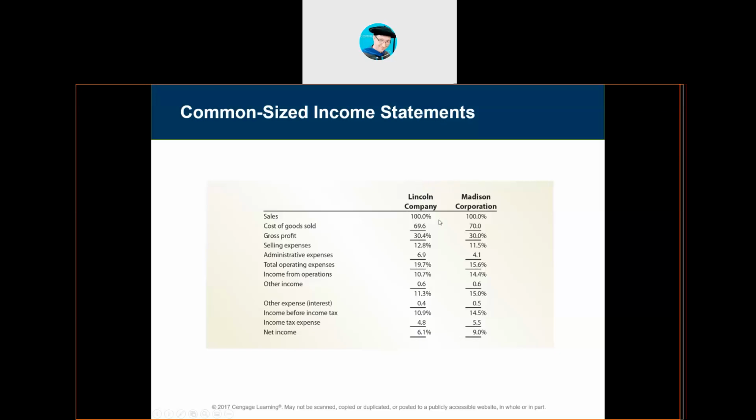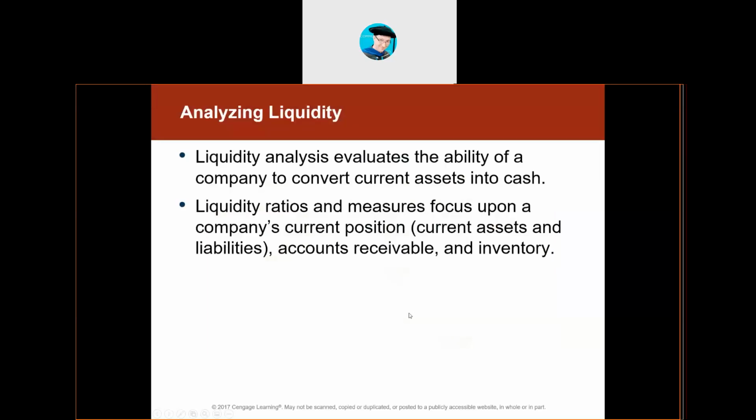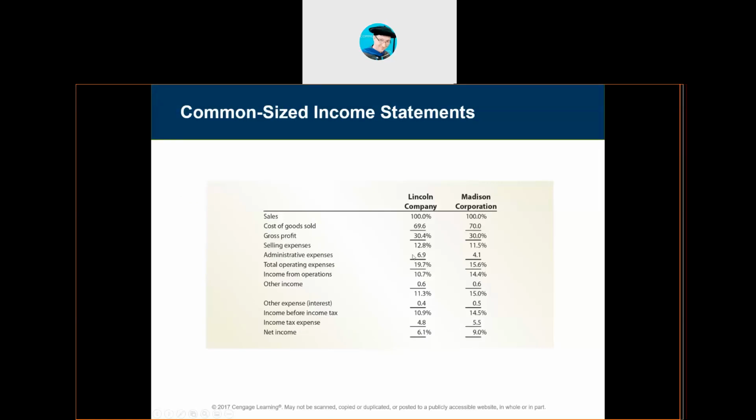We express everything as a percentage, sales 100%, and then we go through the same process. The only difference here is with common size statements, we're not looking at the dollar amounts. We're just looking at it as percentages. And the reason why we do that is it helps us to understand if we're competitive, and it tells us if we are in line with industry averages.